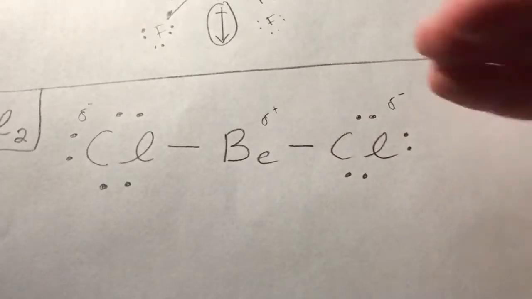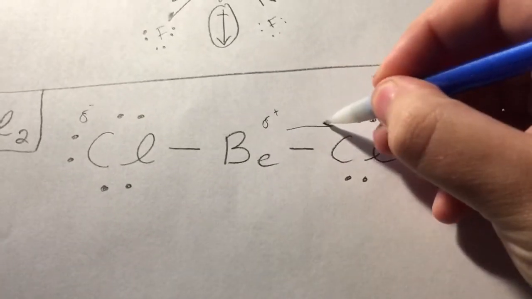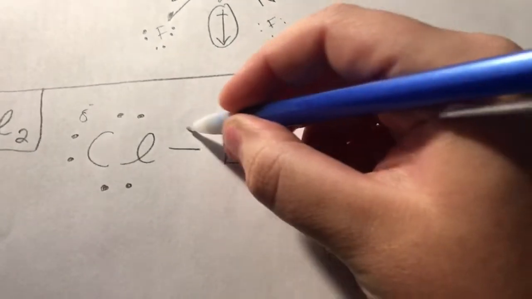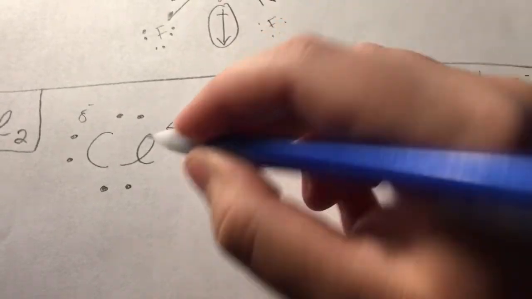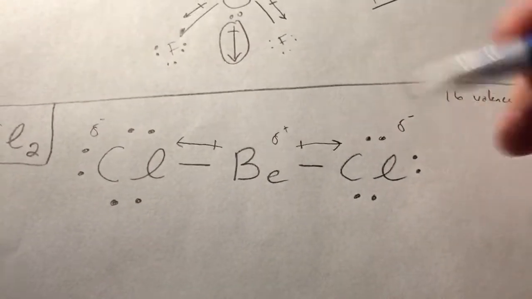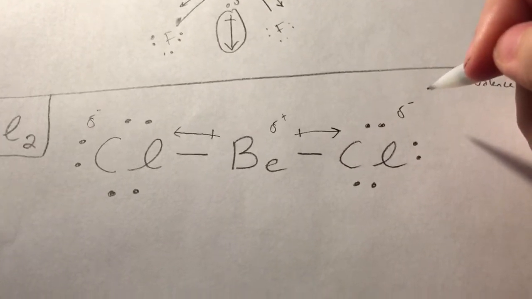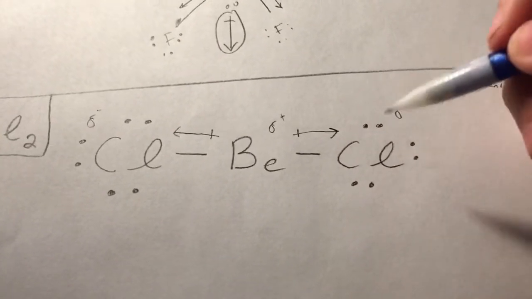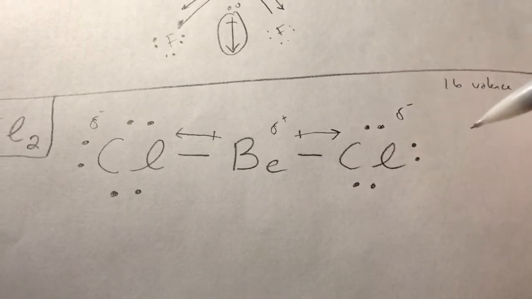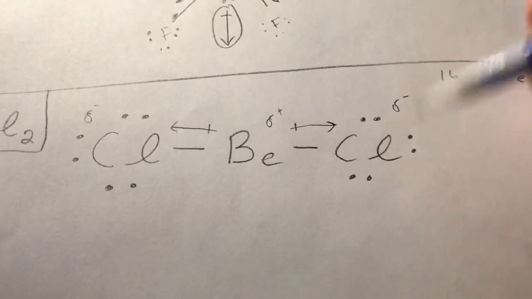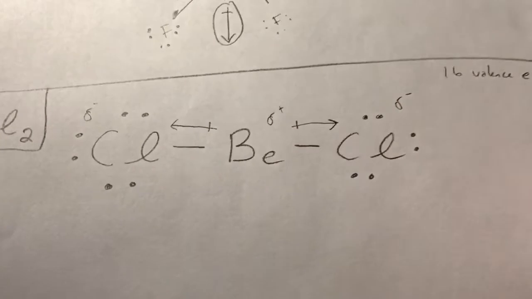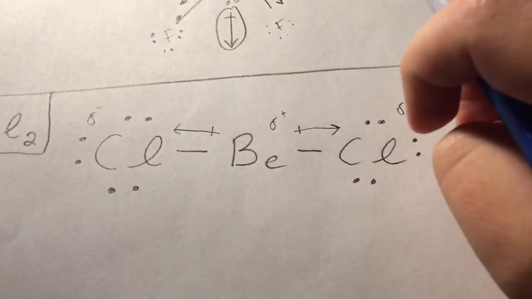Now, drawing the bond dipoles, we know that the bond dipoles are going to go outside towards the chlorine atoms. Okay. So, identifying the molecular geometry, we can tell that it is a linear molecular geometry.